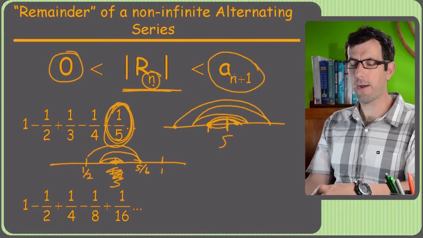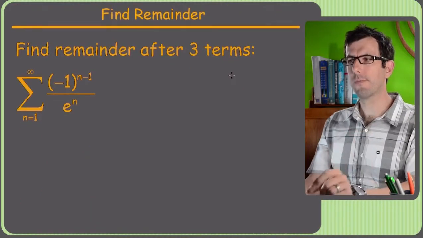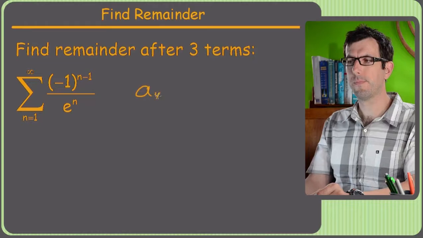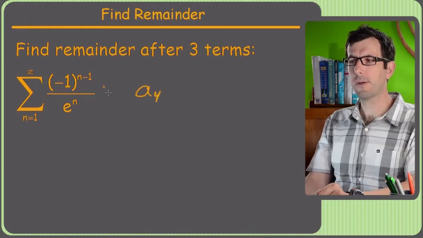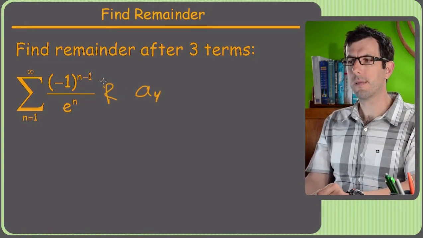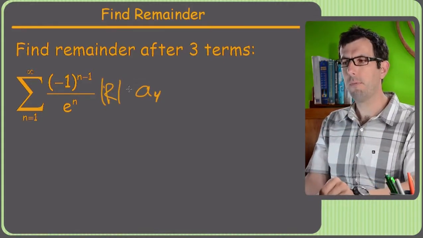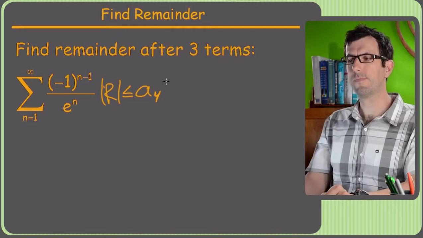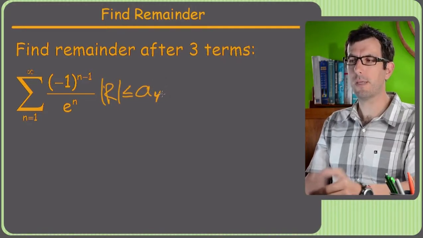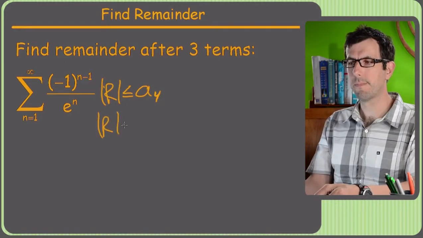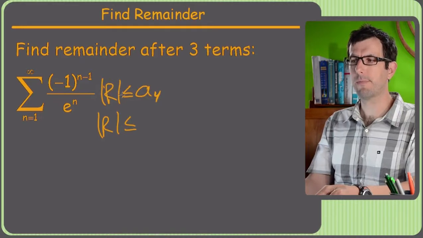So when they ask you for the error, or the remainder, after 3 terms, all you have to do is find a sub 4. So the remainder is going to be, in absolute value, technically, because you don't know if you'll be on the right side or left side, less than or equal to a sub 4. And a sub 4 is just what you get if you plug 4 into the formula, right?